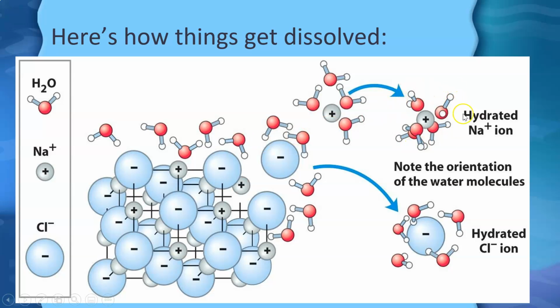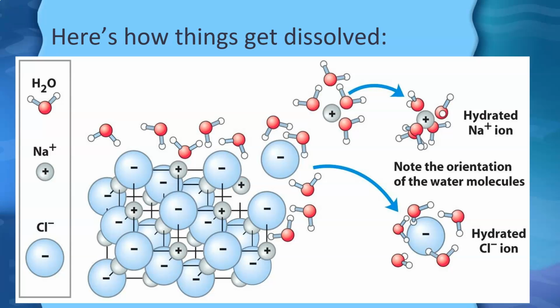That can help lower the energy of this ion by itself, because it's attracted to all of these partial negative charges to balance out that positive charge. And on the chloride ion, we put all of the partial positive sides around so that it gets attracted to a bunch of partial positives that help balance out that negative charge.